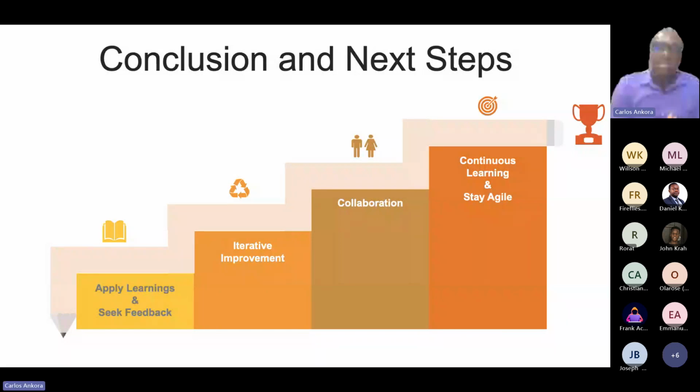We discussed the importance of clear communication, stakeholder engagement, and prioritization. Those are three key things that are necessary in effective product ownership. I think we also examined some challenges that are faced by product owners and identified some best practices for overcoming these obstacles. So what are the next steps?